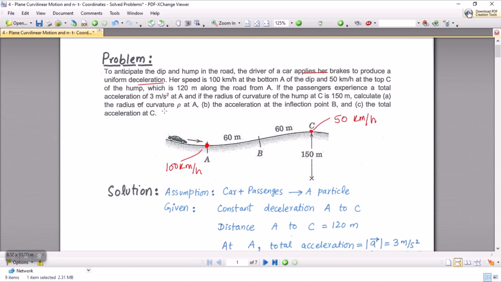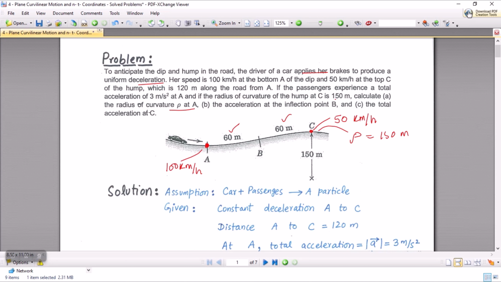And if the radius of curvature of the hump is 150 meters, calculate the radius of curvature rho at A. At point C we have another piece of information: rho is equal to 150 meters. The distance from A to C is from A to B 60 and B to C 60, so the total is 120 meters.